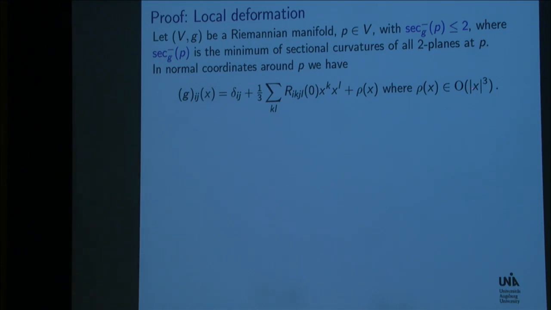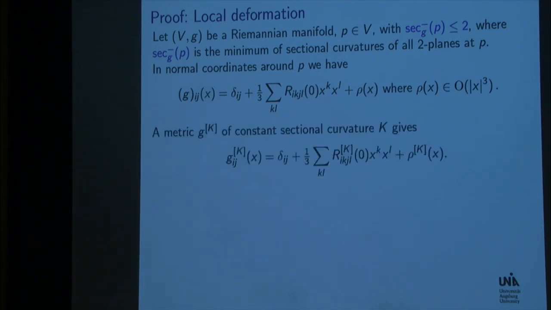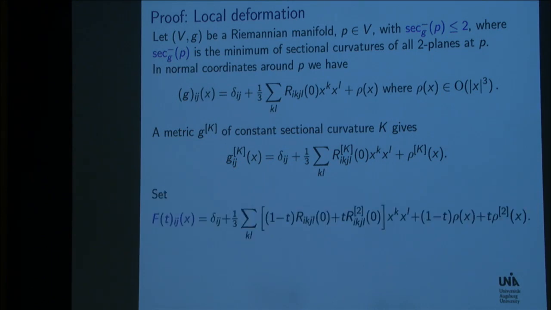And then we develop the metric tensor in normal coordinates around P. We have the second order term involving the Riemannian tensor. And we can write down in the same coordinates a metric with constant sectional curvature K, right? Then we can just interpolate these 2 metrics. Locally, this is fairly drastic. So we take affine interpolation of the second order term here and the same for the remainder terms.